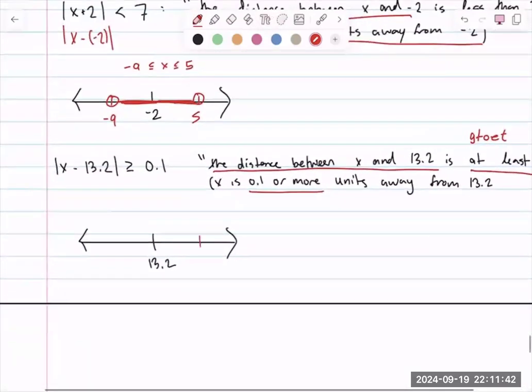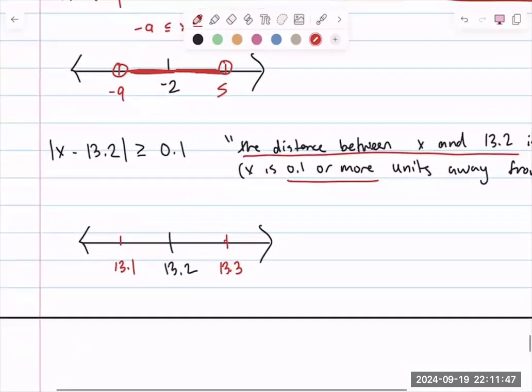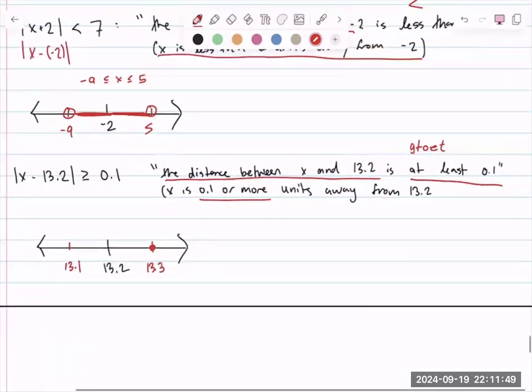So if we have 13.3 here and 13.1 here, x can be either of these values, because that's at least 0.1 units away, or any of these values over here, right? And so this is saying that x is less than or equal to 13.1, or x is greater than or equal to 13.3.